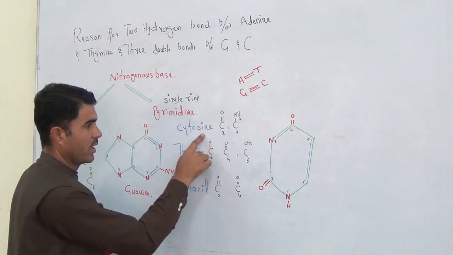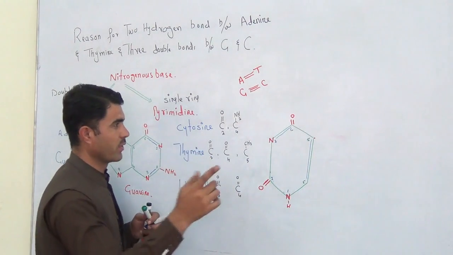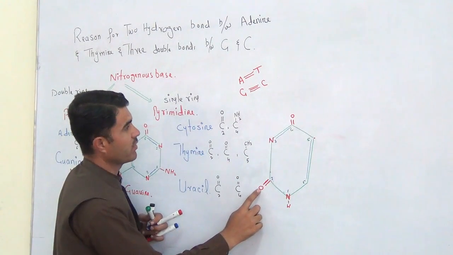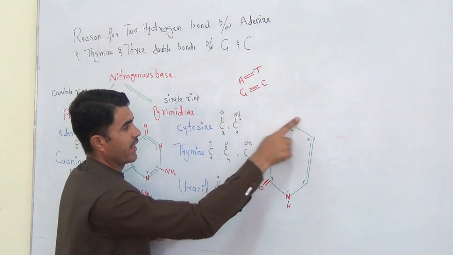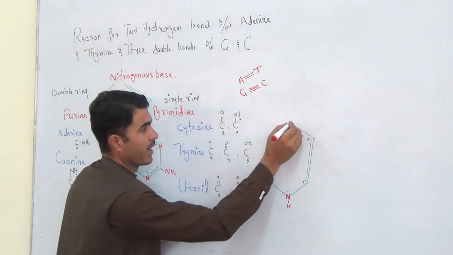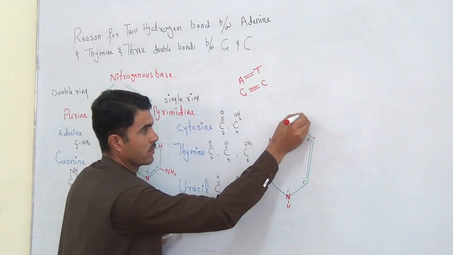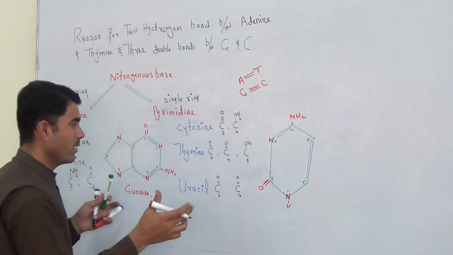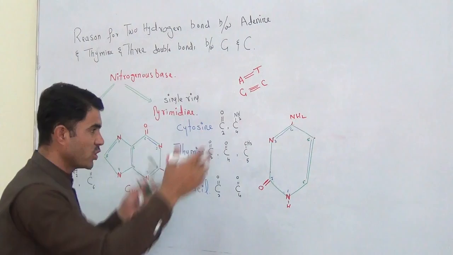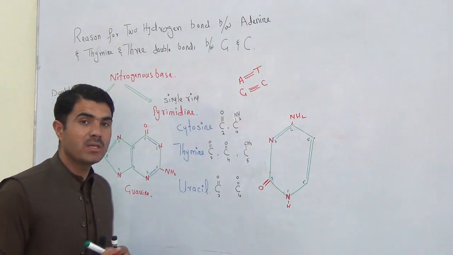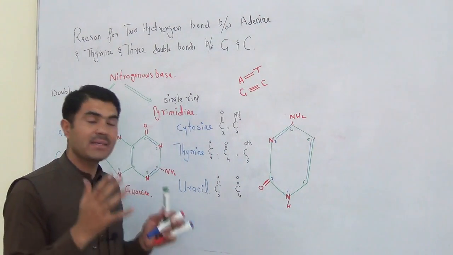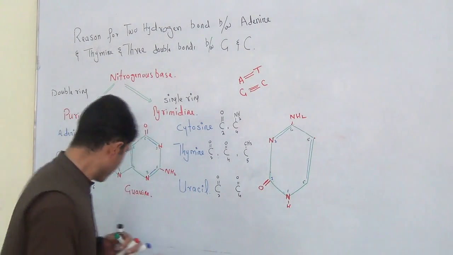This is cytosine. At C2 we have double bond O, at C4 we have NH2. So here we have NH2. Now I will make bonds between these two, and I will tell you why there are 3 hydrogen bonds.